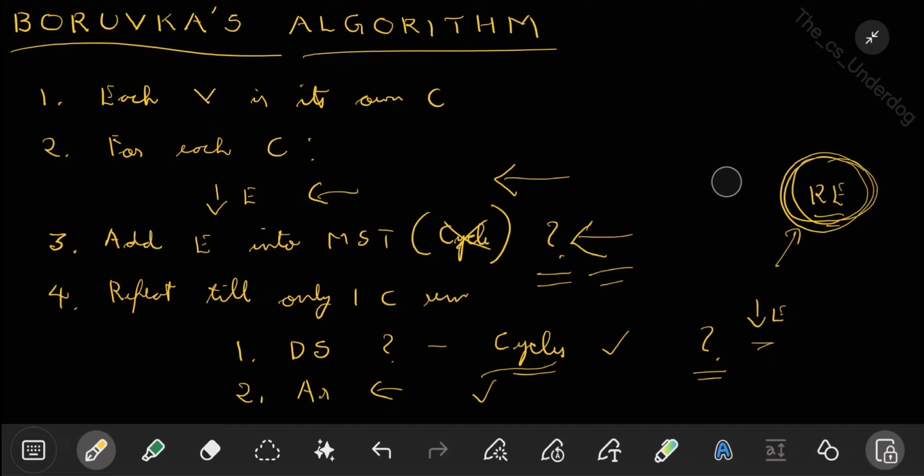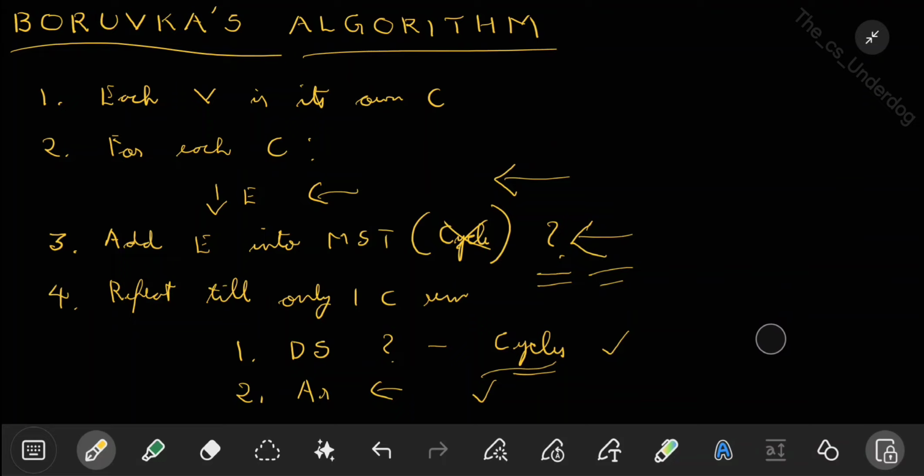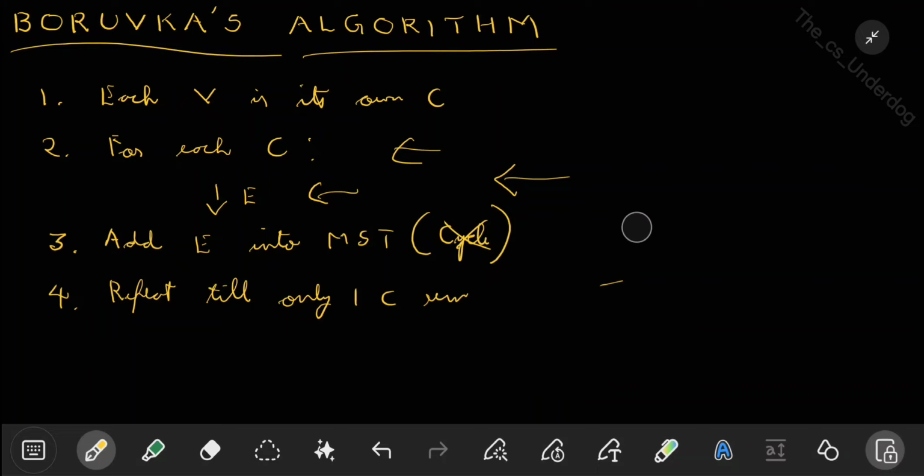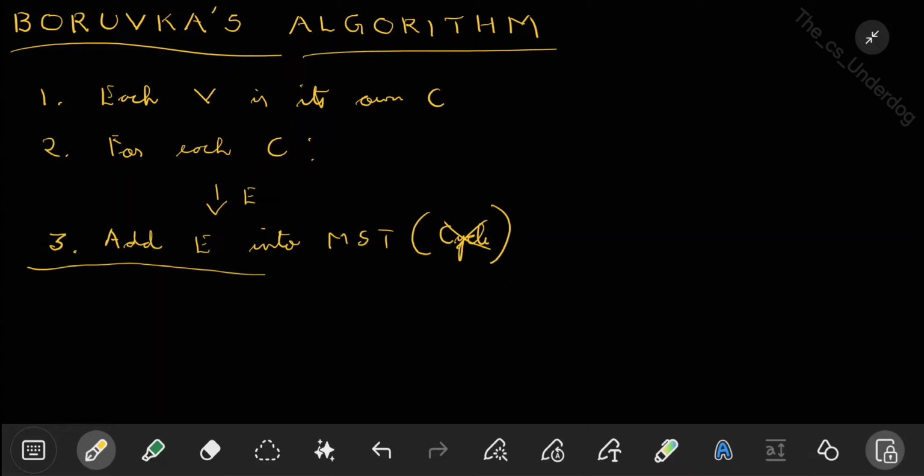Now that you know these two data structures are to be used, let us see how you can rewrite this algorithm. Instead of writing it like this, that for each component you have to do this, let us rewrite it and understand what exactly you should do in each iteration. Keep this in mind and then we'll rewrite what you should do in each iteration. I'll just remove this repeat step so that we get some space here.